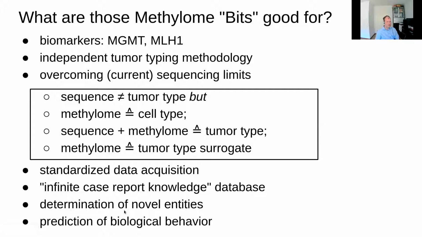It allows us to determine novel entities that are not recognizable on the microscope, or that are not recognizable on the microscope due to their rarity of occurrence, because no single pathologist would ever see two in his lifetime. And it could likewise, as with the other parameters that we have heard about today, be a predictor of biological and clinical behavior.